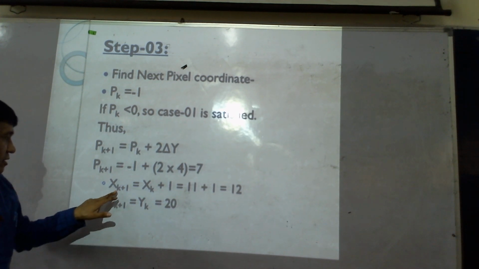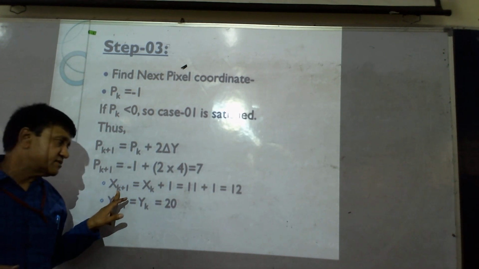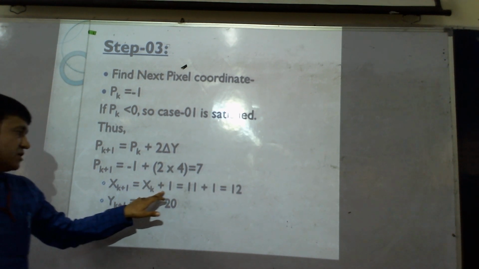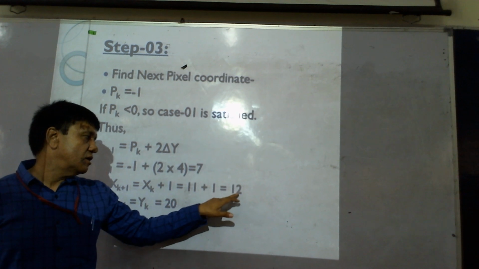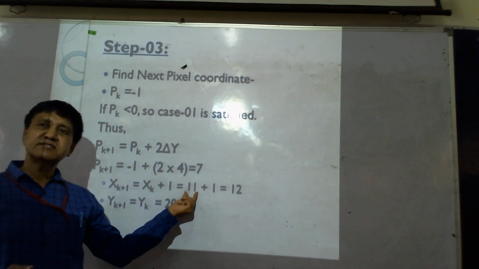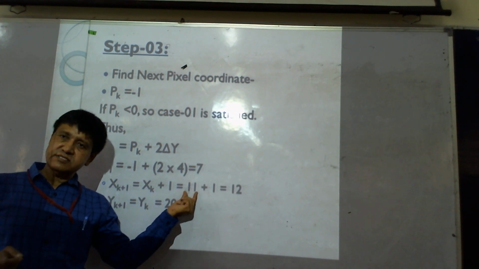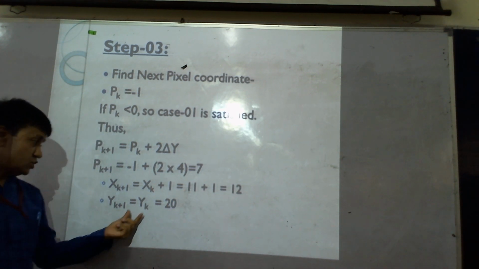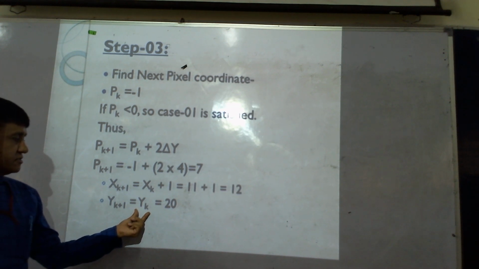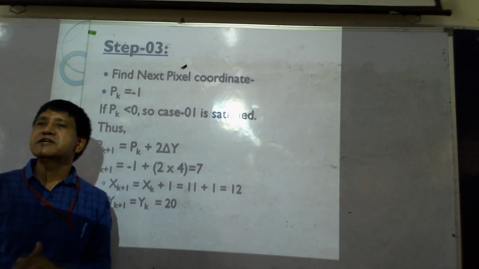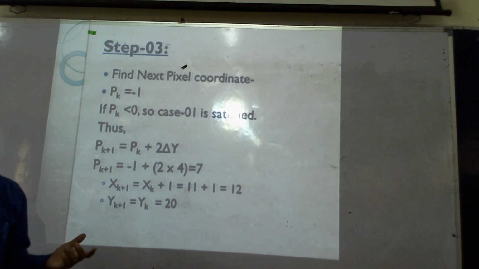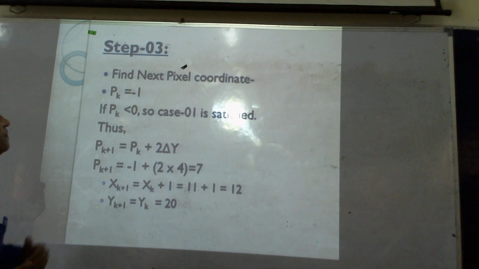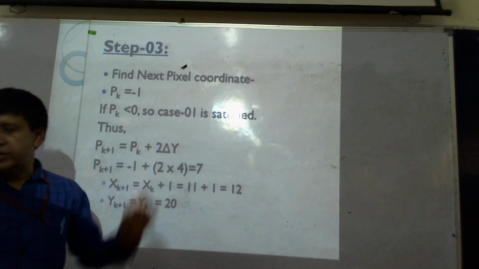And the value on the x-axis is calculated by this equation. This is xk plus 1, which is 11 plus 1, 12. 11 is the value of the x-axis on the previous coordinate. And yk plus 1 is yk exactly, this is 20. No increment is taking place in the y coordinate when the distance parameter is less than 0, this is case 1.